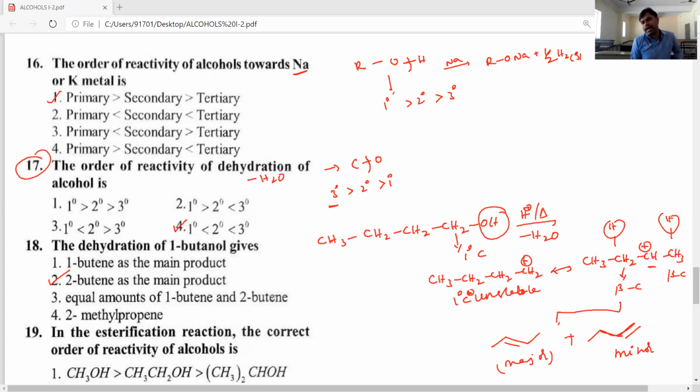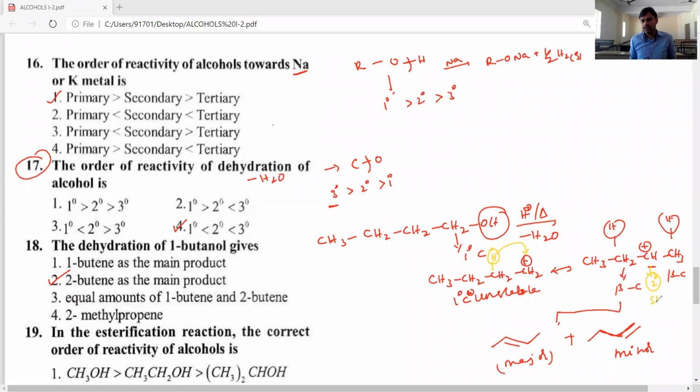Okay, students. So primary alcohol, butan-1-ol, on dehydration, loss of a water molecule, converts into alkenes. Actually a primary carbocation is present first, which is unstable, and hydrogen will be shifted. The hydride shift takes place from the secondary carbon to the primary carbocation, then forms the more stable secondary carbocation intermediate.